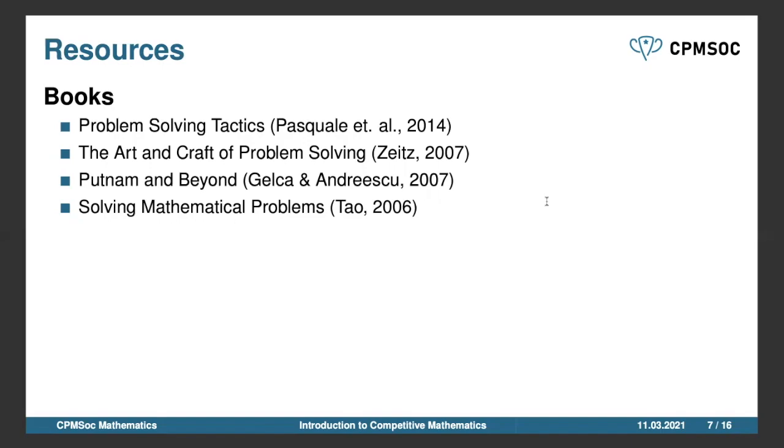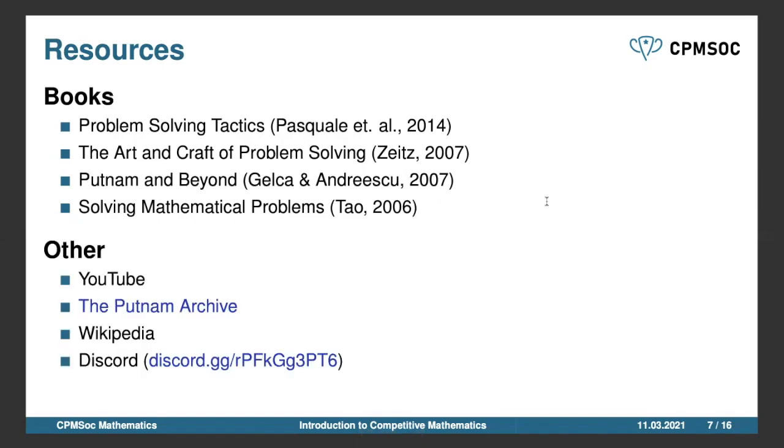Books like Putnam and Beyond are basically just problems, with a little bit of explanation of theory in there, but it's mostly about going back and doing the problems he's presented. Things like that are the main way to get good at something like this.